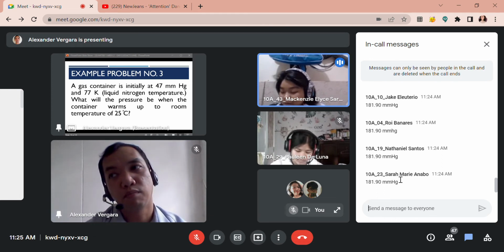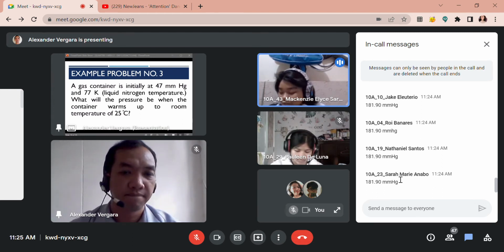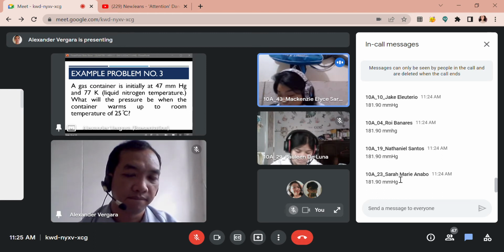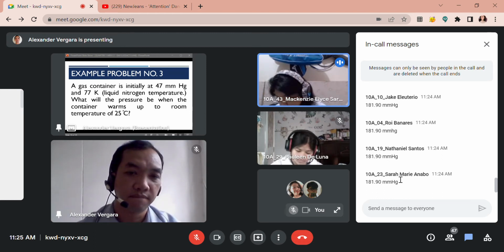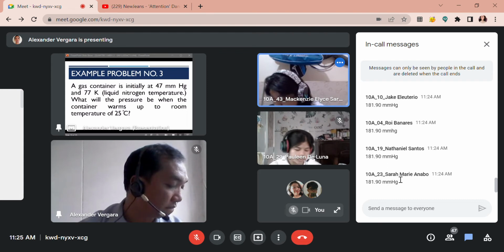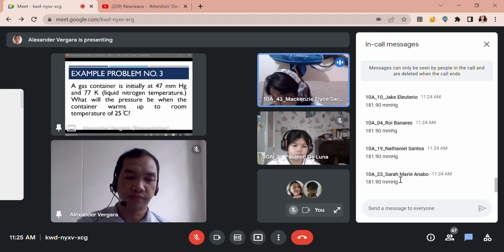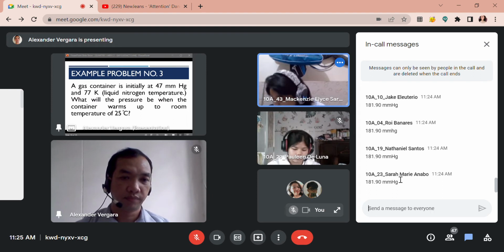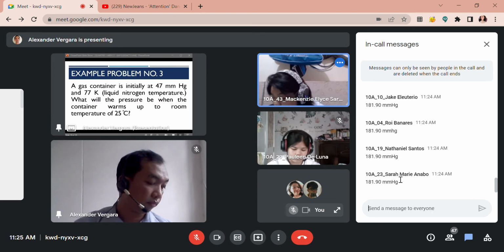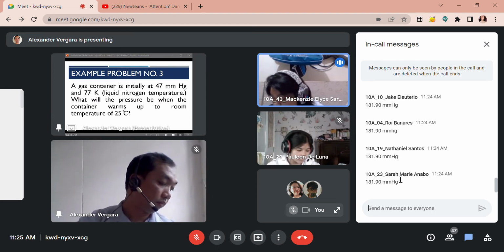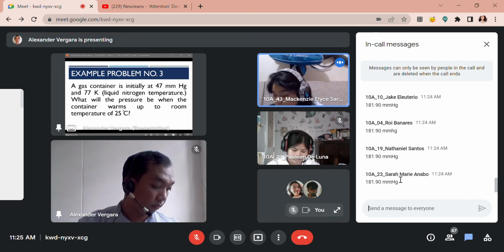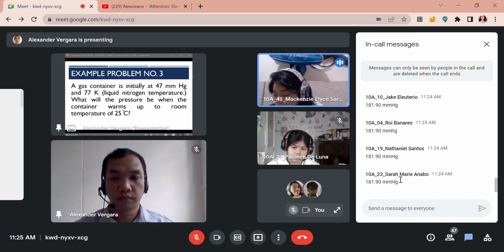The formula, if P sub 2 is missing, is P sub 1 multiplied by T sub 2 all over T sub 1. I will substitute the terms: 47 millimeters of mercury times 298 Kelvin all over 77 Kelvin, cross out Kelvin, and then I will use the calculator.